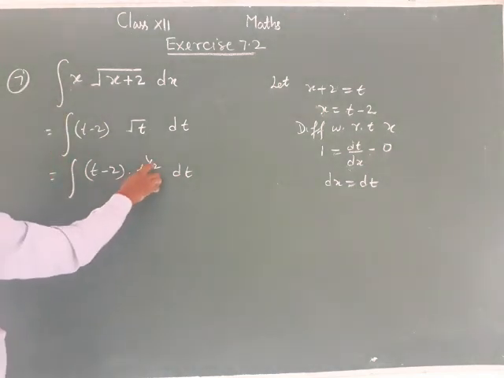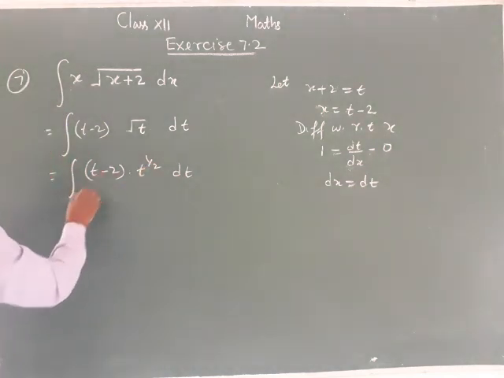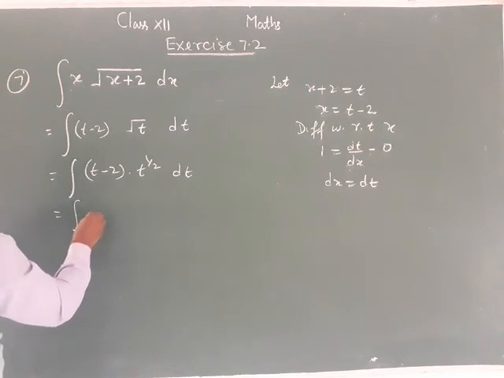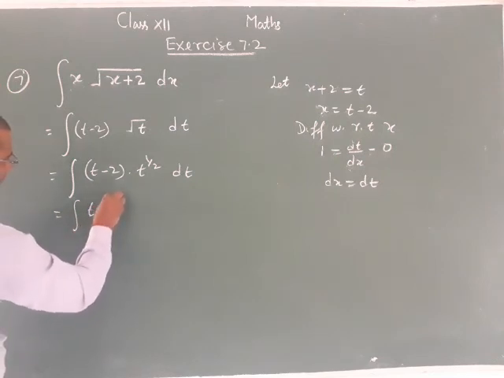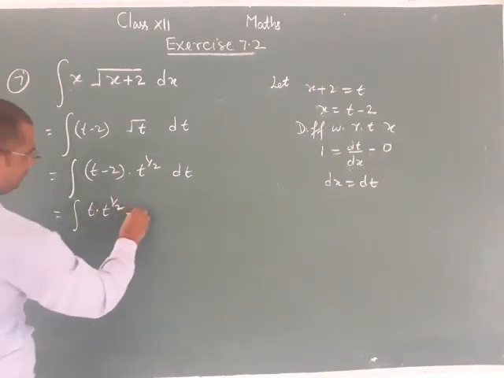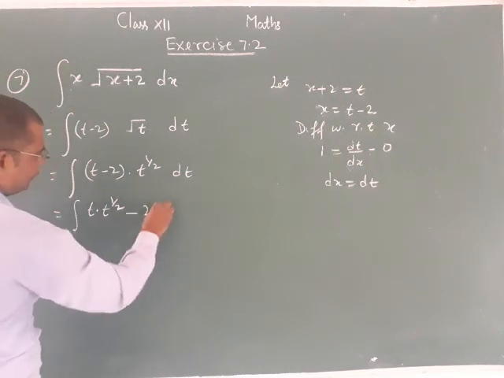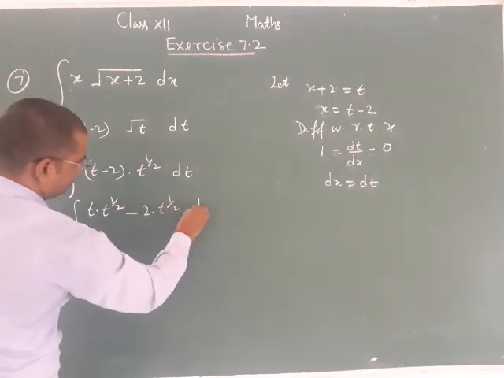Multiplying t to the power 1 by 2 in this bracket, we get t into t to the power 1 by 2 minus 2 into t to the power 1 by 2 dt.